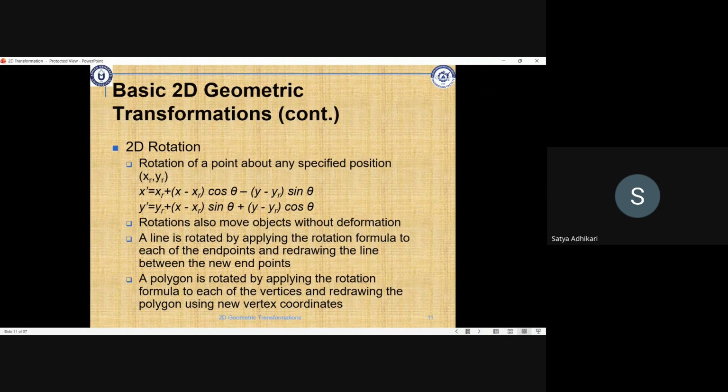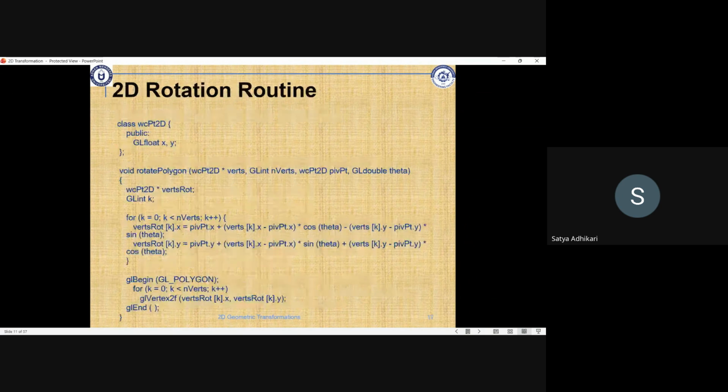So it is the same as used in translation. And this slide is not required. It is a C program to rotate a polygon. So this is not required, so you can ignore this slide.